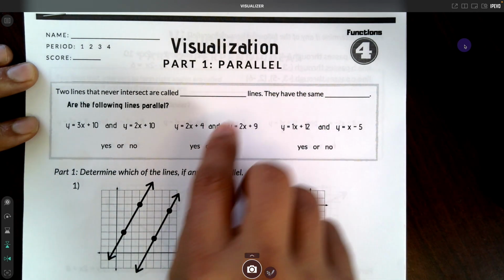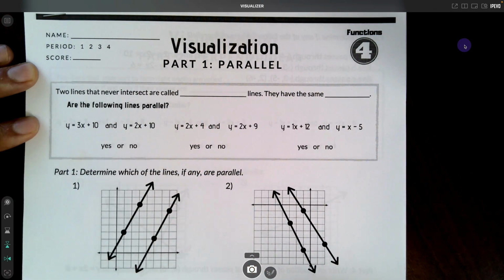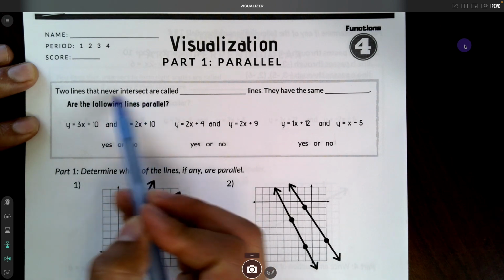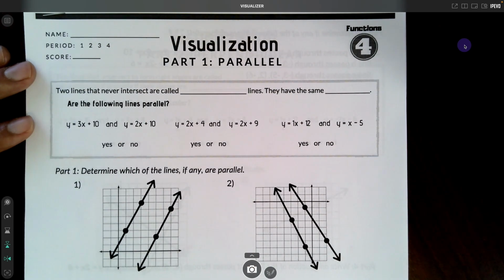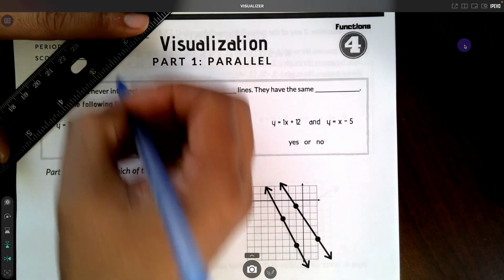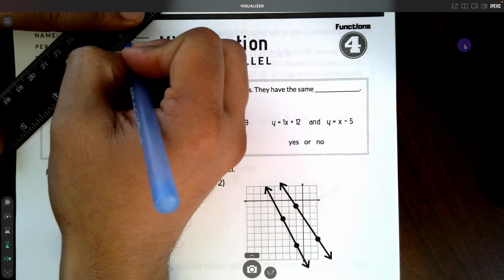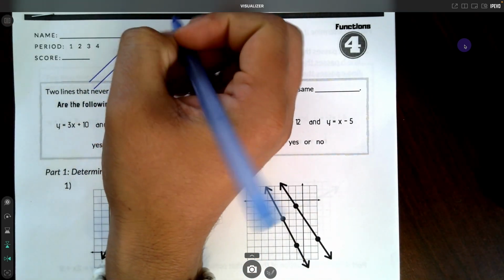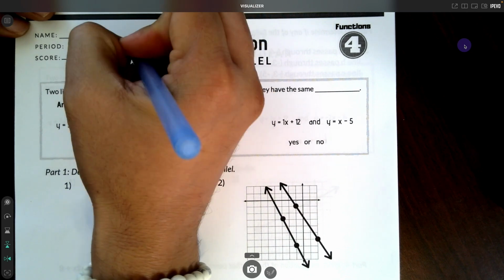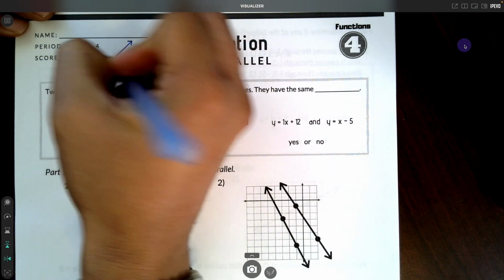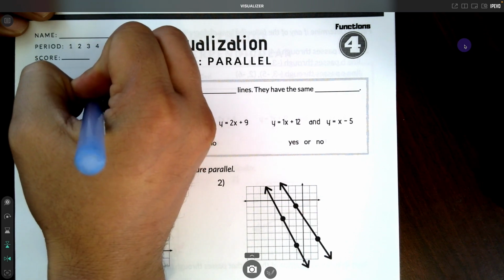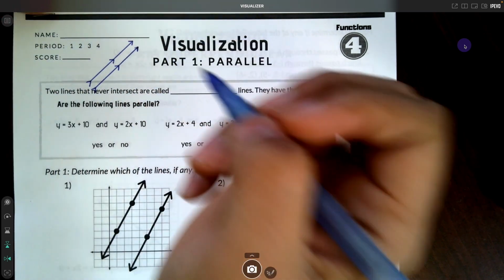So we need to be able to visualize two lines that never intersect. These are lines that will go on forever and ever, and we denote these by putting arrows inside of the lines. That means that they're parallel.